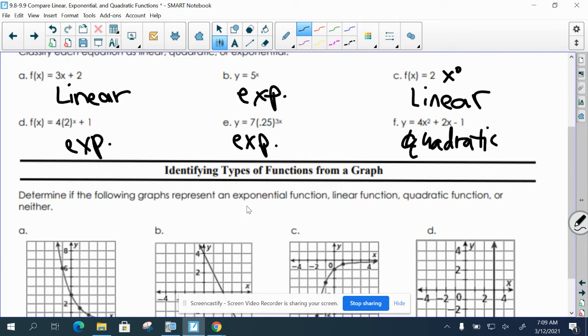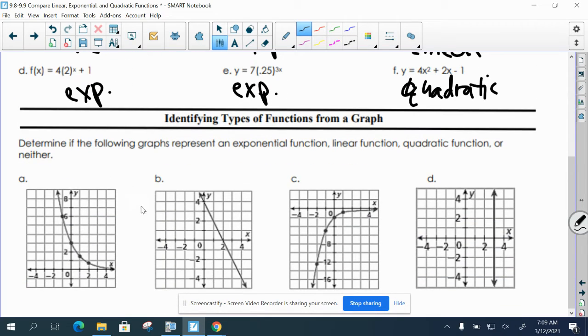Okay, so we can also write the equation. For part A, this would be exponential. And remember, the equation is y equals a times b to the x, where a is the y-intercept and b is what you're multiplying by.